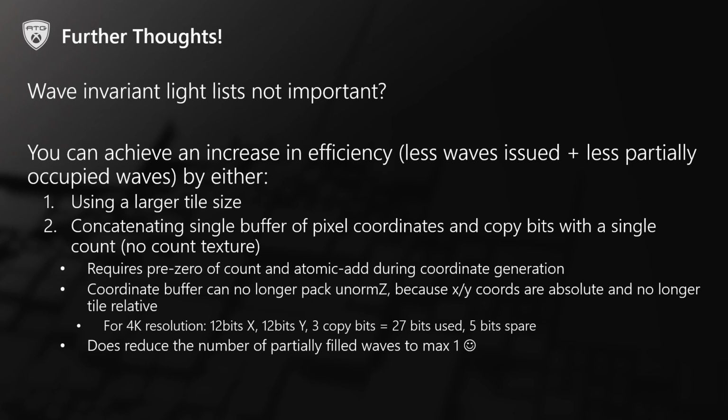This is going to be slightly slower to produce because you're going to need atomics, but you only have one count for the entire screen, so you only have a maximum of one partially filled wave for the entire screen. You're going to need fewer waves to light your scene, but there's now no guarantees at all about spatial locality, and even within a single wave you might pick up threads which are processing very different pixels spatially.